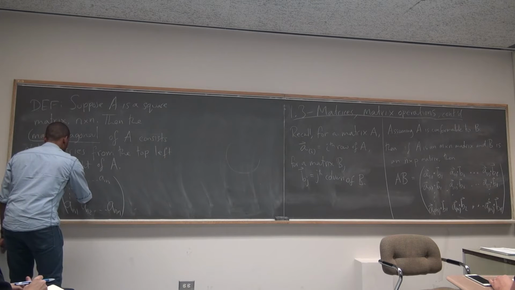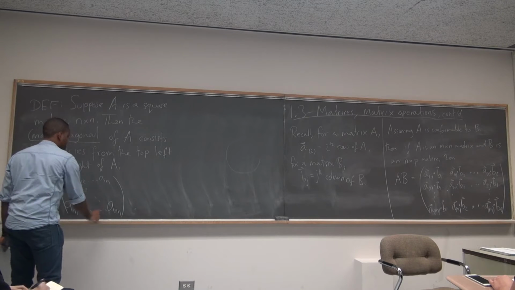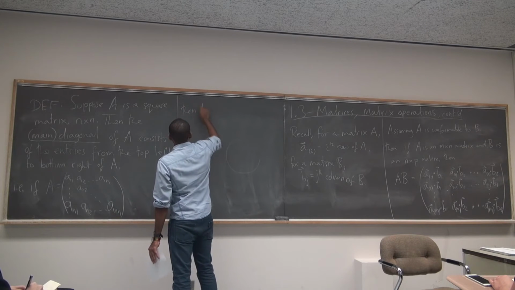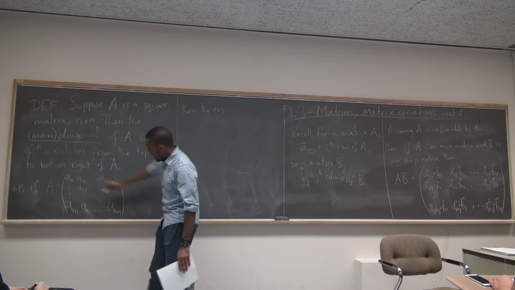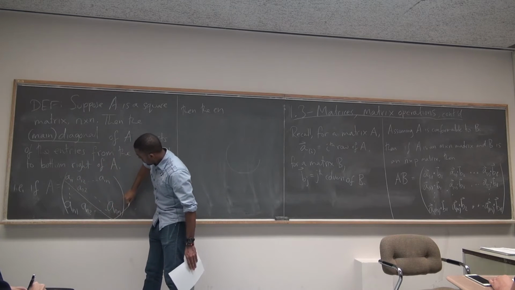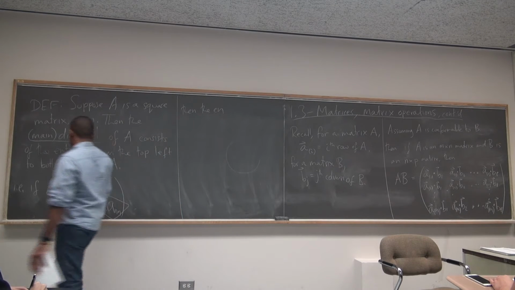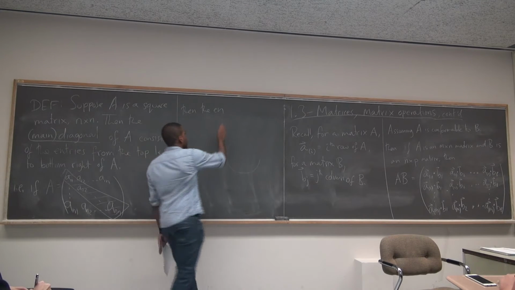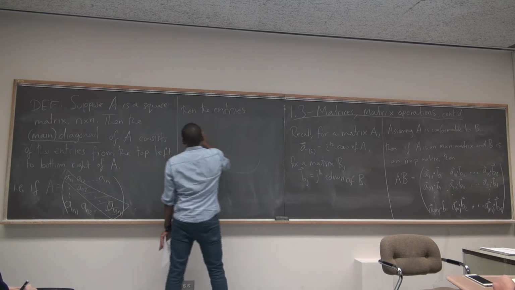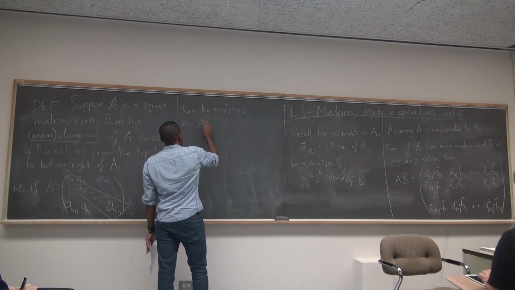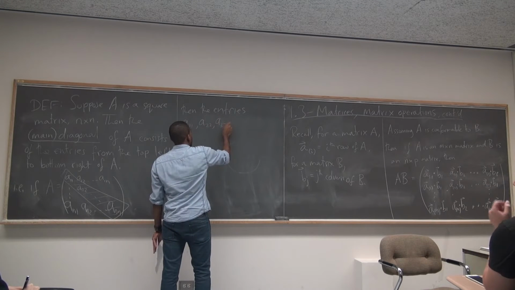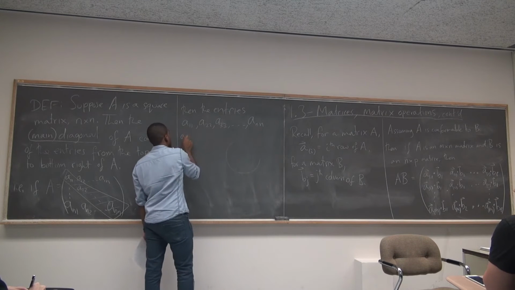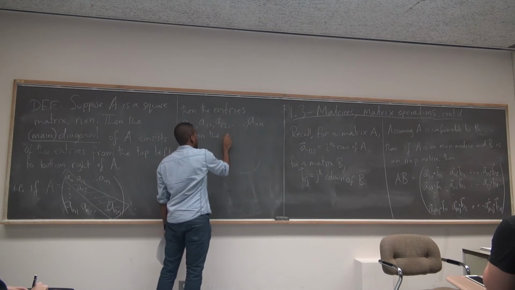This is A22, etc. Then the entries on the main diagonal are these entries here. Those entries form what we call the main diagonal. A11, A22, A33, and so on are on the main diagonal.